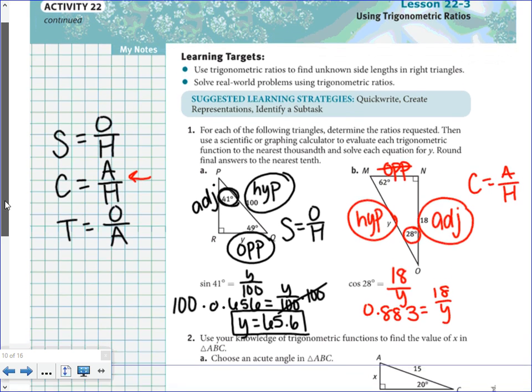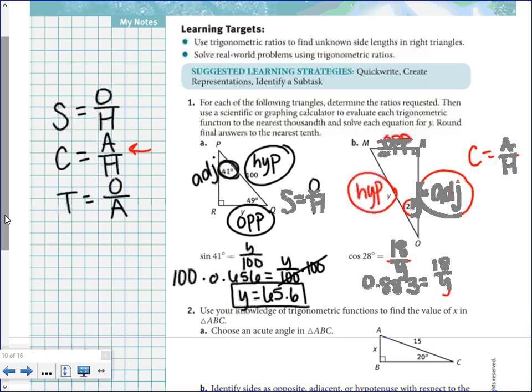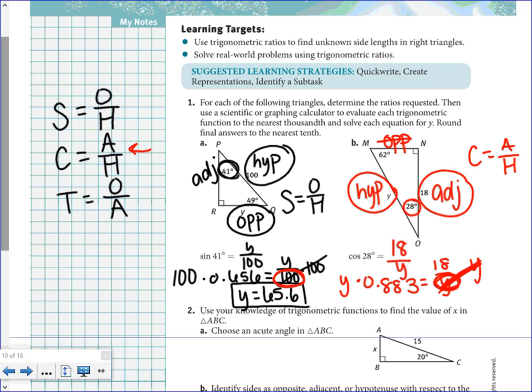From there, just like I did on the previous one, 100 was in my denominator. Well, on this one, 100 is not in my denominator, but a y is. So I multiplied by what was in my denominator, so I'm still going to multiply by what's in my denominator. That'll make the y's cancel. Over here, I'm also going to multiply by y.